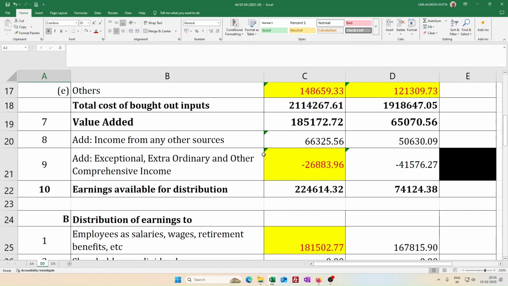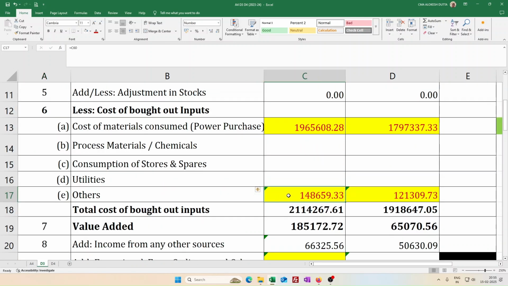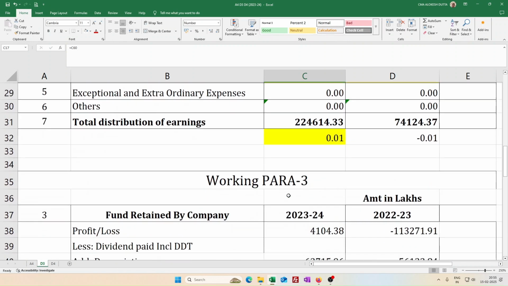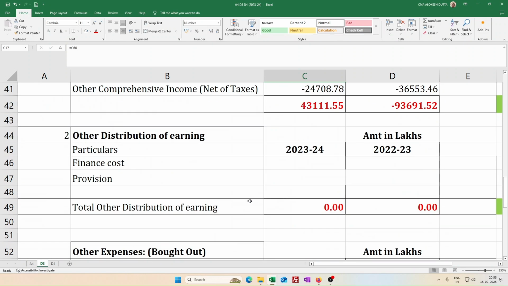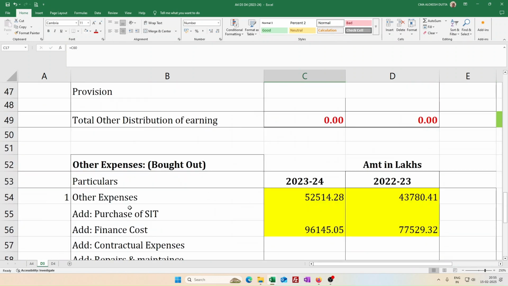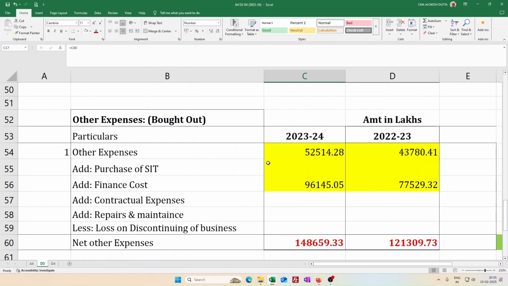In other figures, other figure has come? Here is the schedule. Other expenses. This one, finance cost, other expenses include not only other expenses, but also finance cost there.